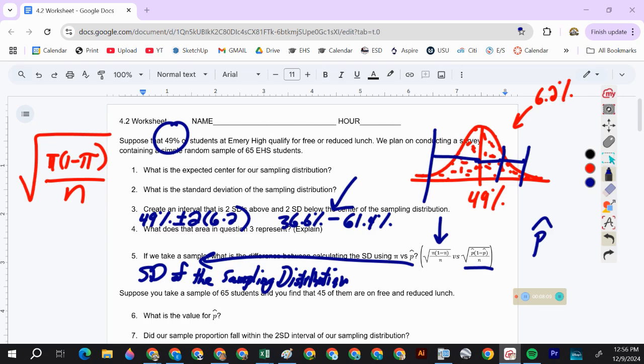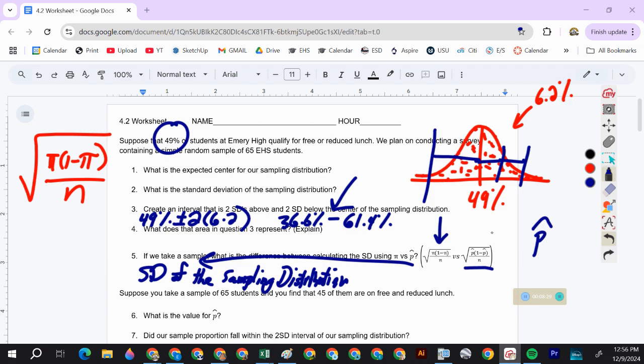Okay. And the sampling distribution is sort of this theoretical idea of every possible sample that you could take. What happens when lots and lots of people take samples? It's going to look like the sampling distribution. Okay?